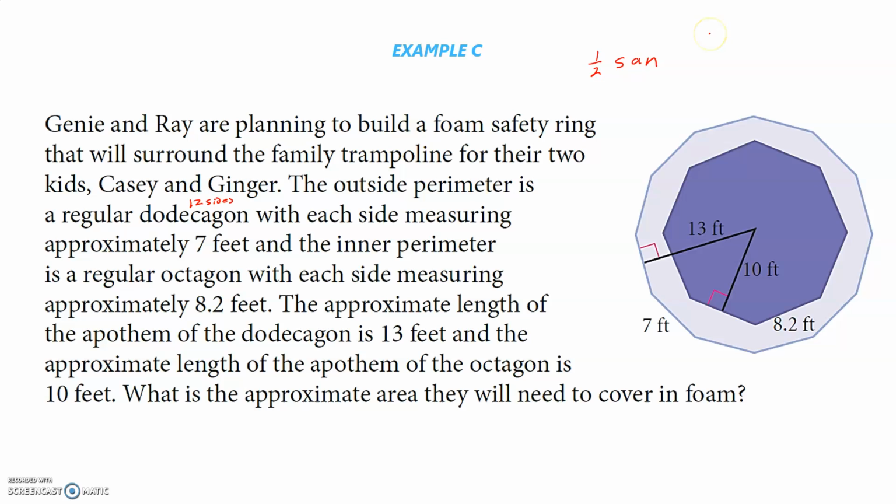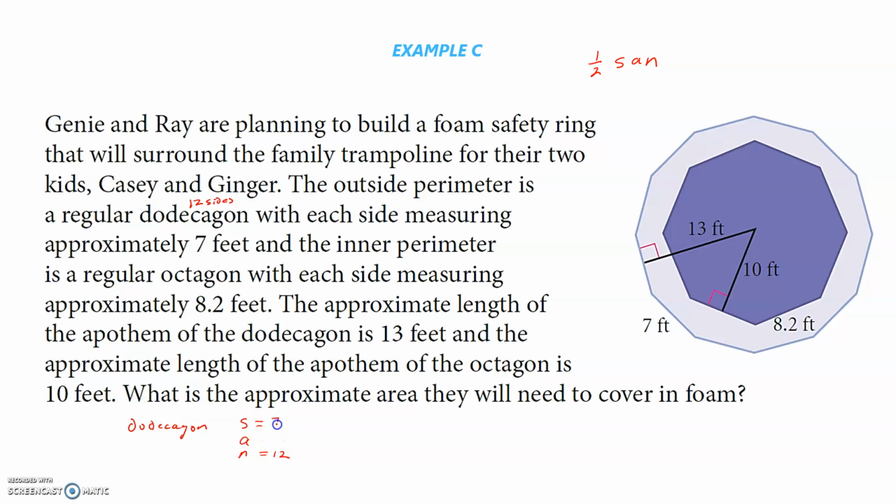So why don't I make a list here? It's right over here. For the dodecagon, I just found out that I need an S, an A, and an N. So it's a dodecagon, so that tells me that N is 12. And it says each side measures approximately 7.